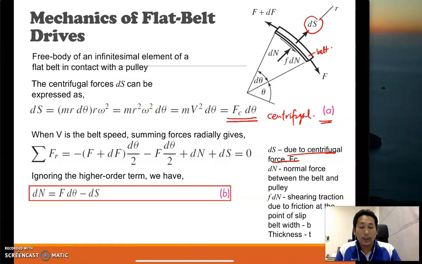So for equation A, where v is the belt speed, we sum forces radially.